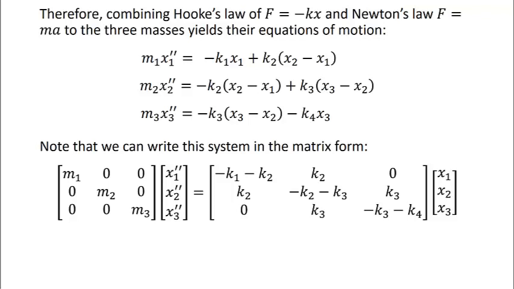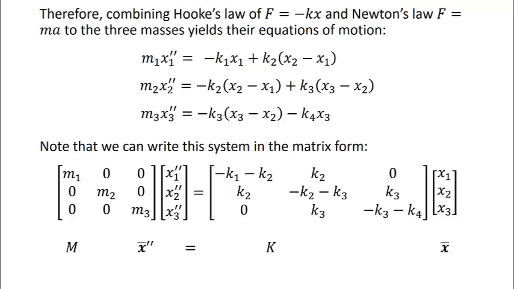And then on the right-hand side, we have a coefficient matrix containing all of the information about the springs, times our displacement vector x1, x2, x3. A simple matrix multiplication will verify that this is in fact equivalent to the system we have above. For shorthand notation, we're going to write this system as the matrix M times the vector x double prime equals the matrix capital K times our vector x.